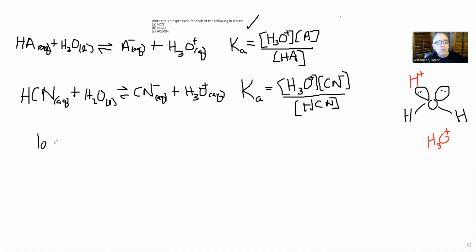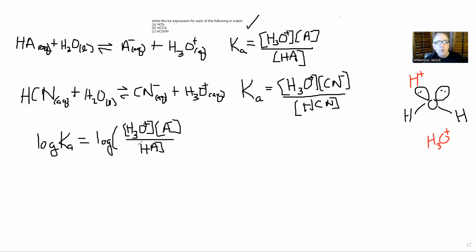Log of Ka will be equal to the log of H3O plus times A minus over HA.